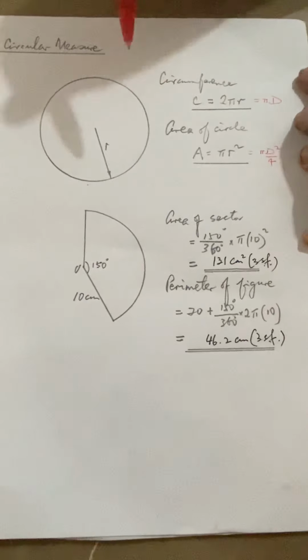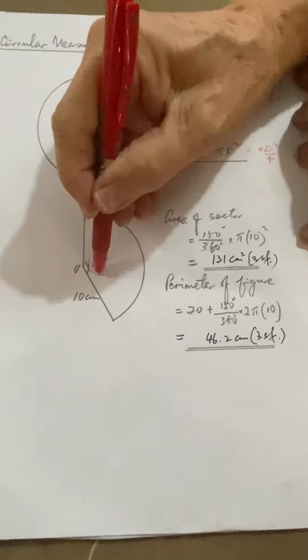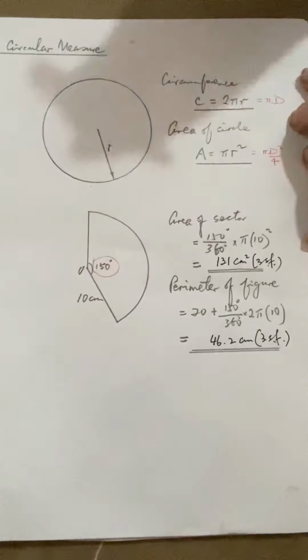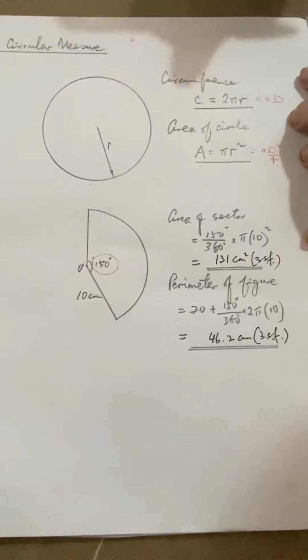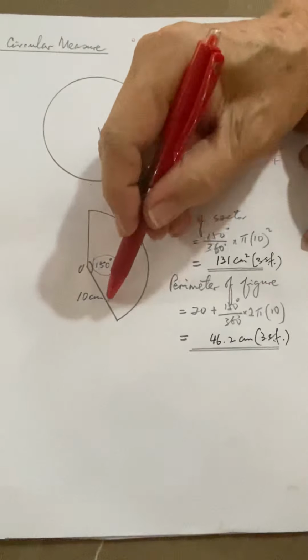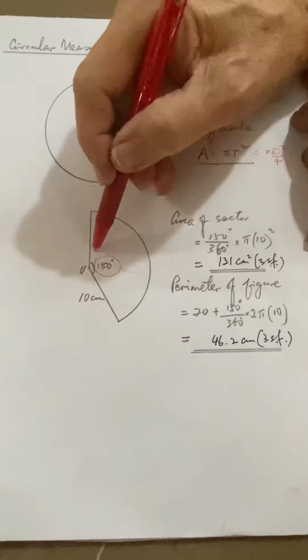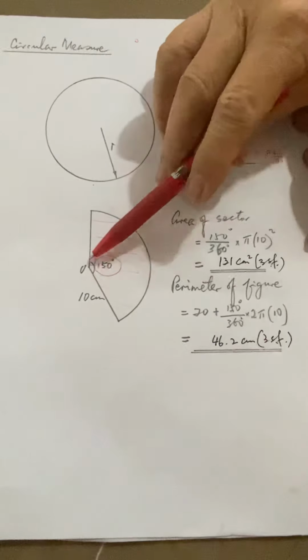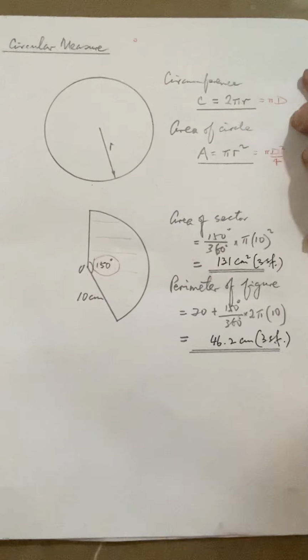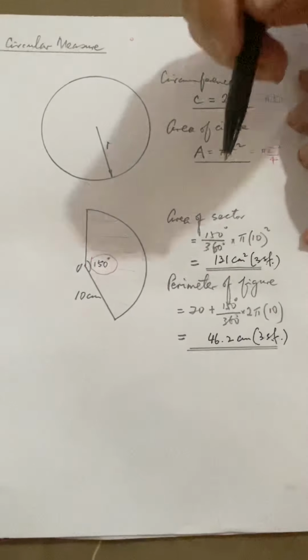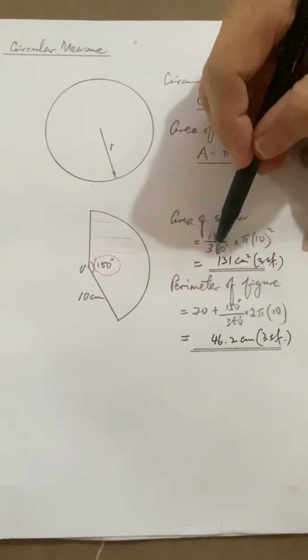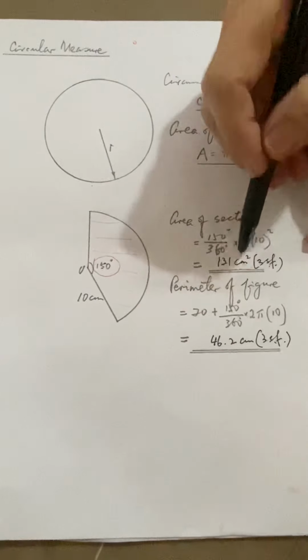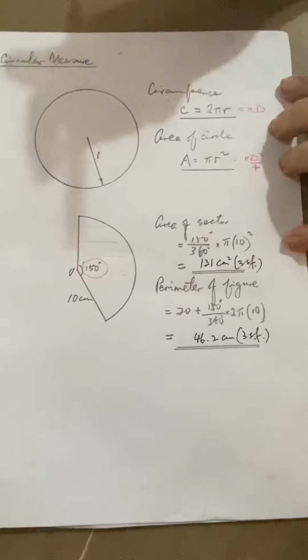For single maths, if you have an angle of 150 at the center, just tell yourself that the area of the sector, imagine it to be a pizza that you eat, will be proportional to the angle in the center. So the area of the sector will be 150 over 360 times pi r square, because the whole thing is pi r square.